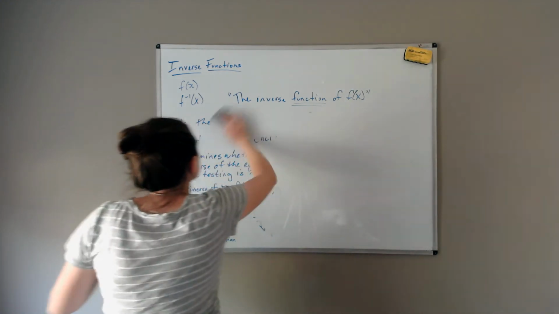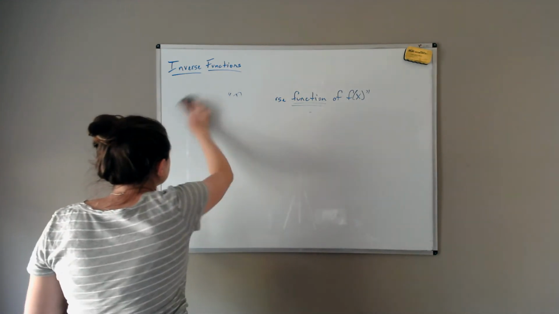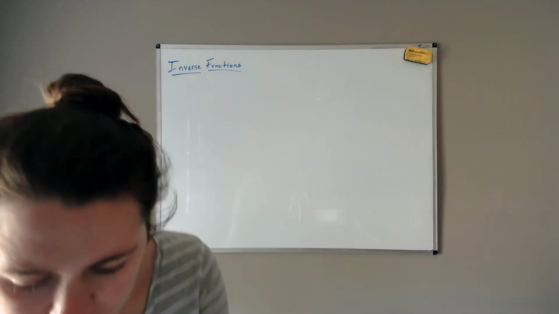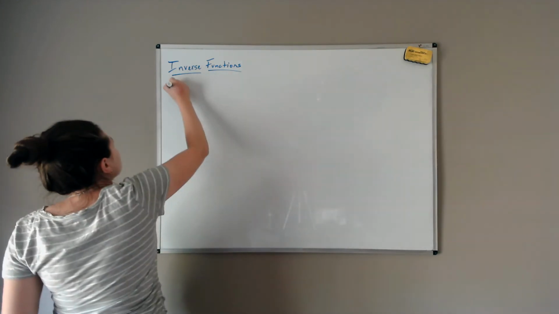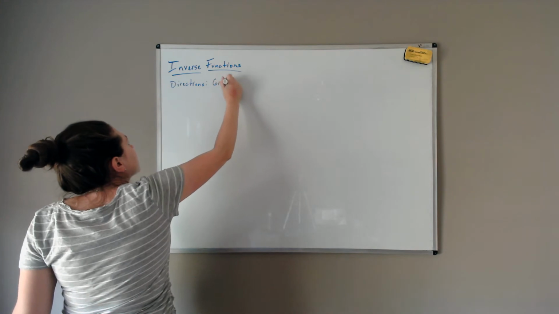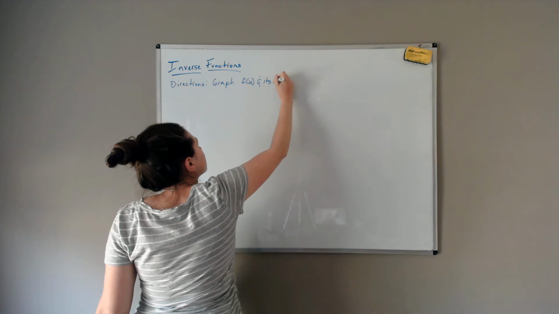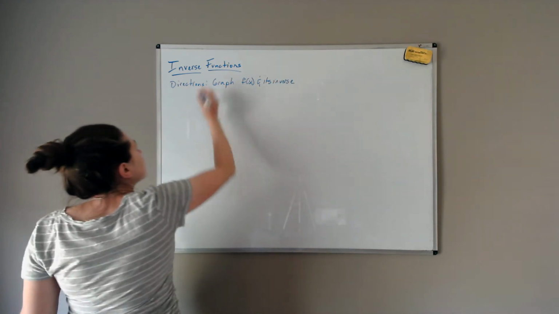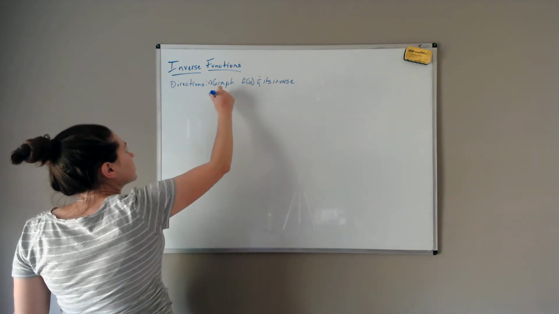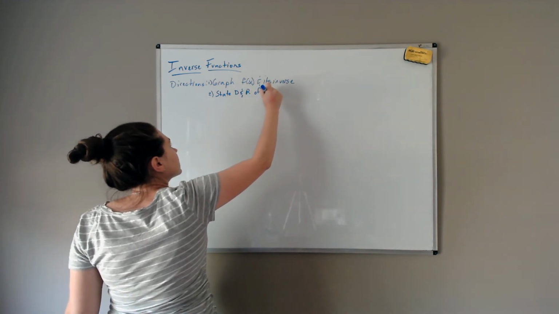Okay, so now we're going to start finding inverses algebraically. Okay, but we're going to do a bunch of stuff. So directions. Number one, we're going to graph f of x and its inverse. Number two, we're going to state the domain and range of each.